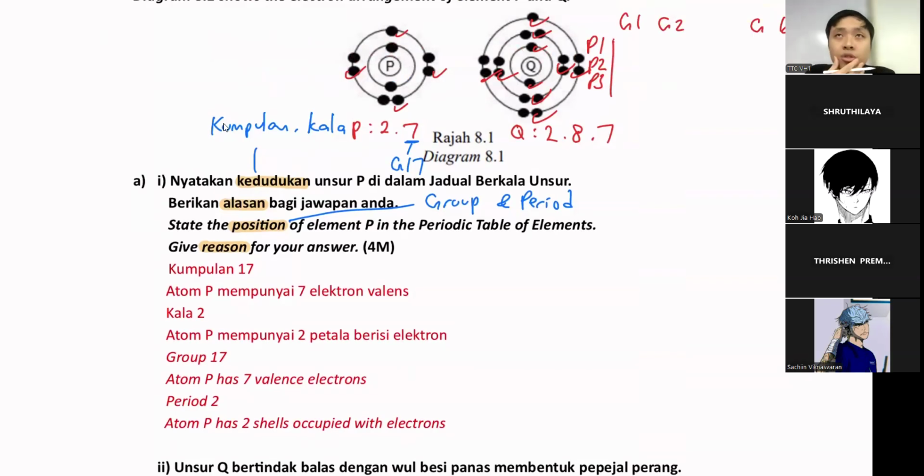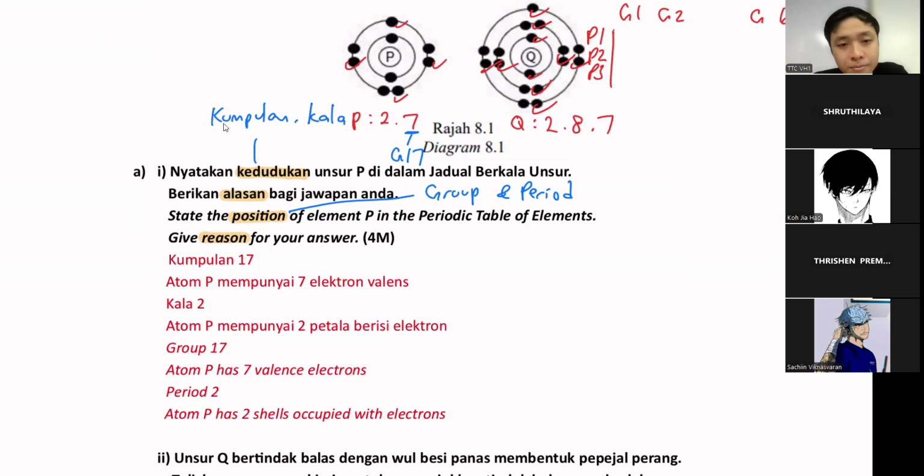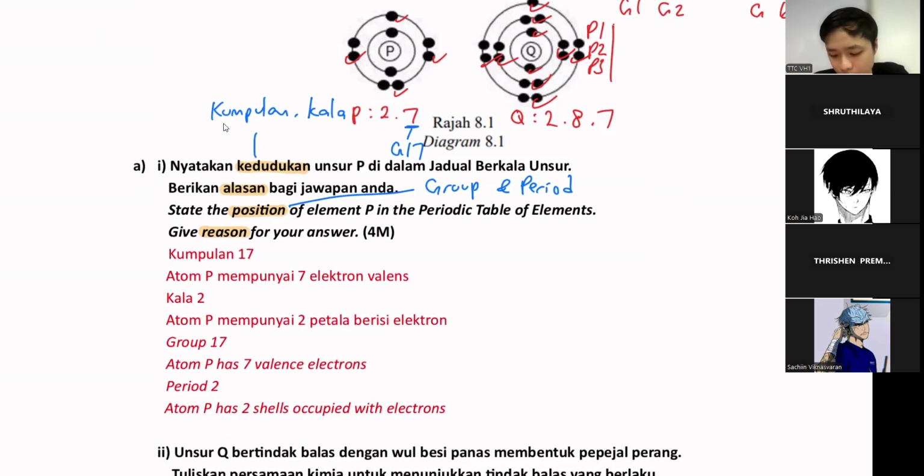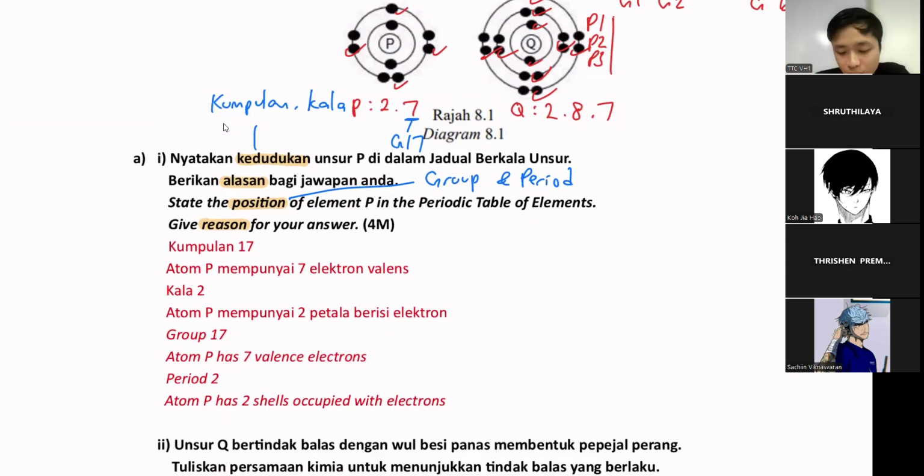But normally physical properties they ask less, unless they talk about bond. Later I talk about bond. This is 4 marks: group 1 mark, explain for group 1 mark, period 2 1 mark, explain for 2 shells also 1 mark.